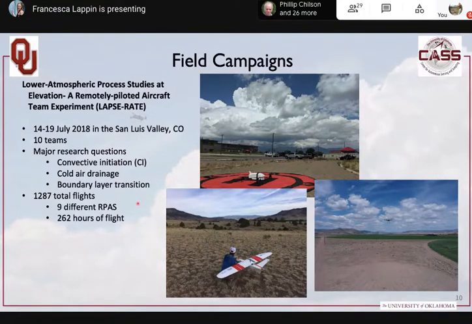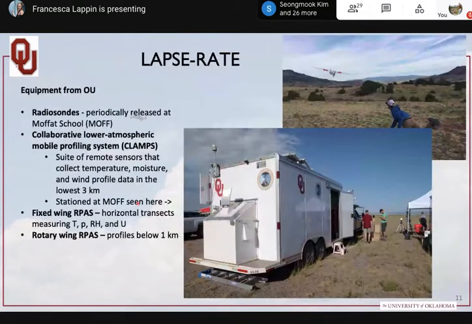There were 9 different types of RPAS that logged over 1,200 flights. In addition to RPAS, there were radiosondes regularly released at Moffat. In tandem was CLAMPS, which can profile the atmospheric boundary layer up to 3 kilometers via a suite of remote sensors.